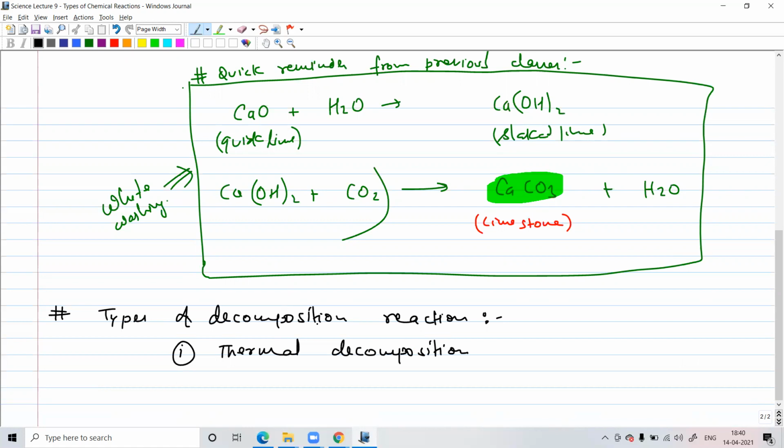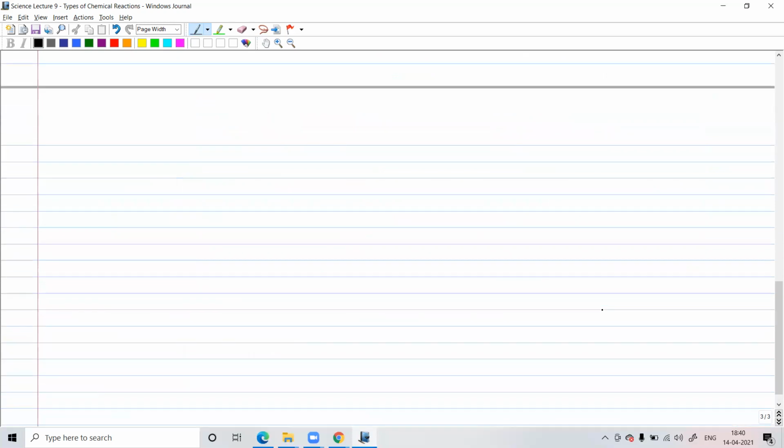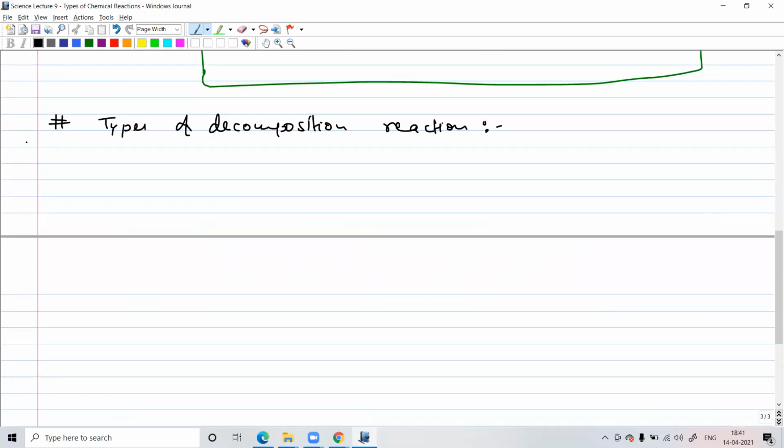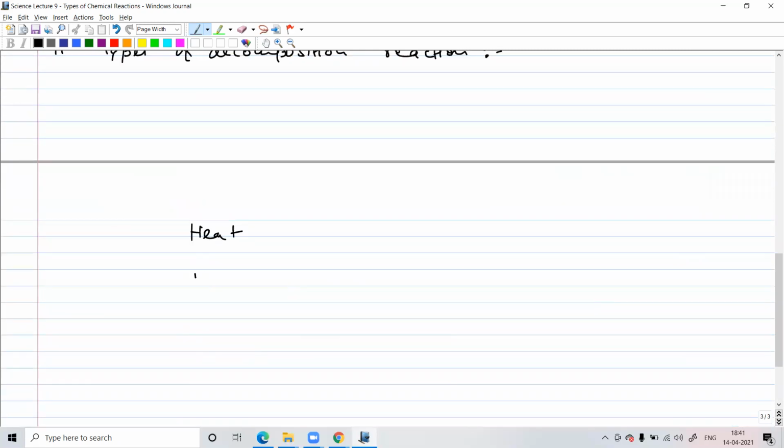So let me write it that way. Decomposition will happen because of providing heat or electricity or light. Three types of things we can give. When decomposition has happened because of providing heat, it will be called a thermal decomposition reaction.